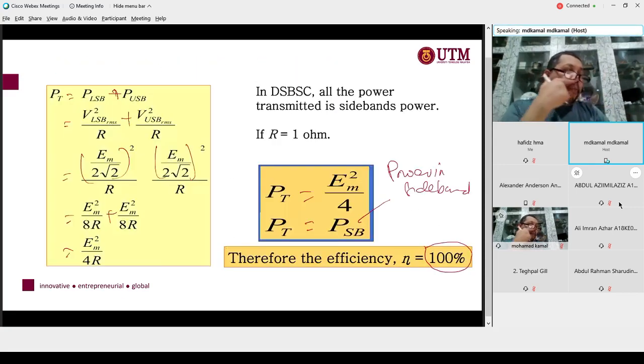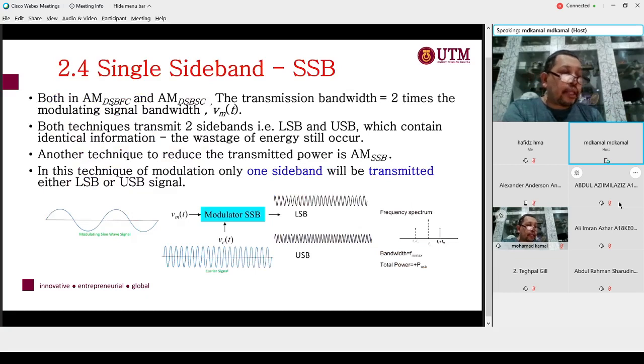Next, we look at single sideband. You have already reduced the power from the full AM, so it became double sideband suppressed carrier. Since the two sidebands carry equivalent information, the power in the upper sideband equals the power in the lower sideband.